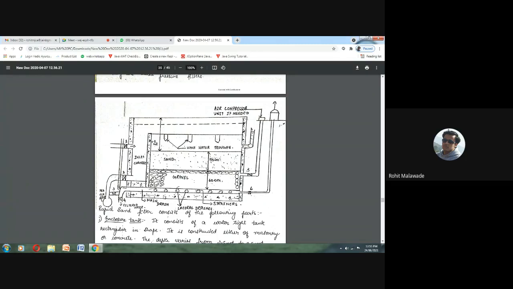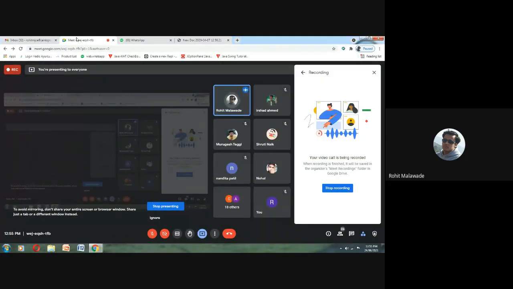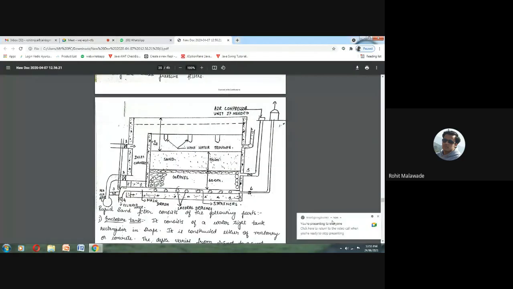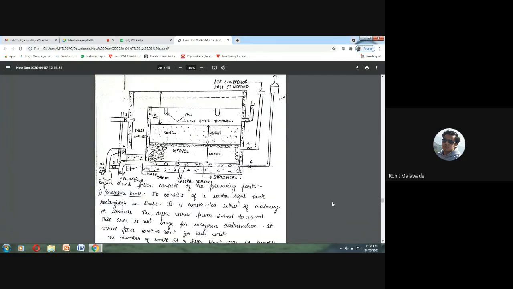Okay, so this is one of the very important questions in case of your exam. Normally this particular question will be asked to you in your main exam, so you need to give more concentration towards the construction and working of both the slow sand and the rapid sand filter.